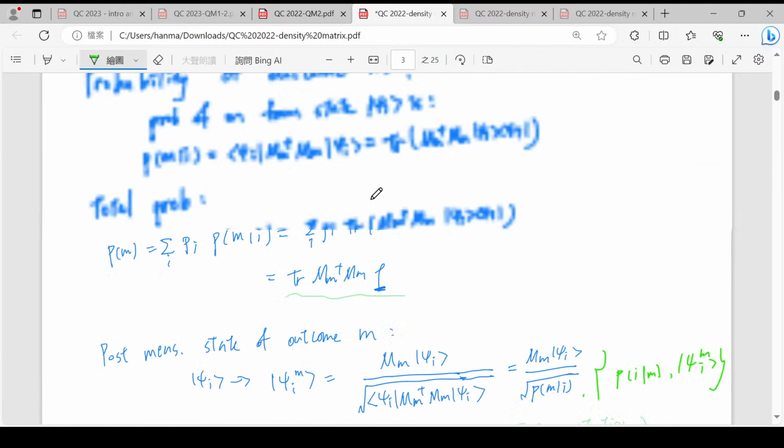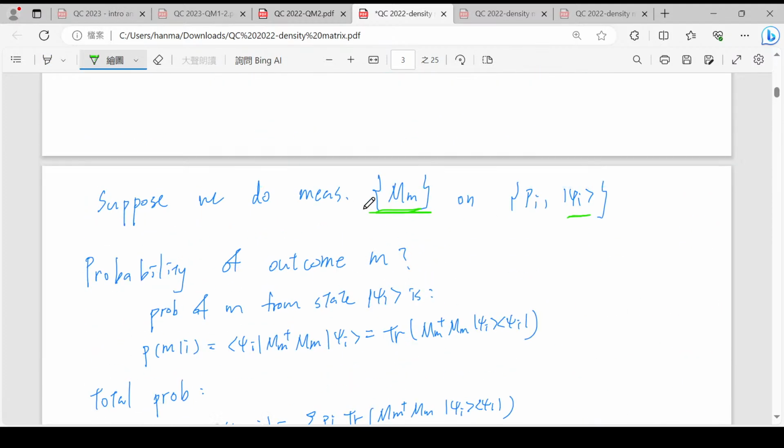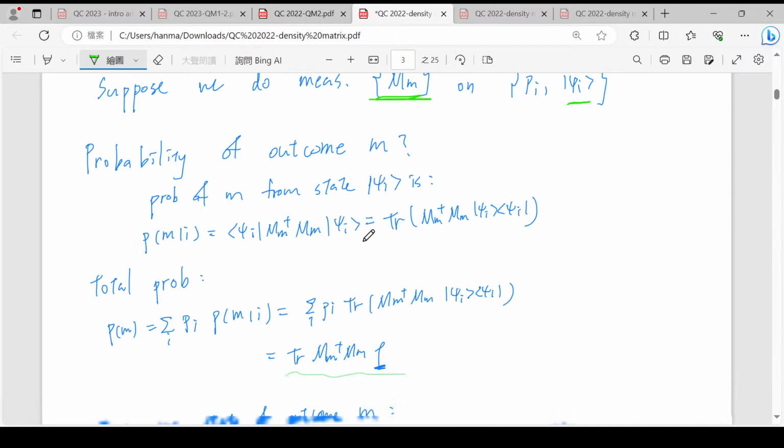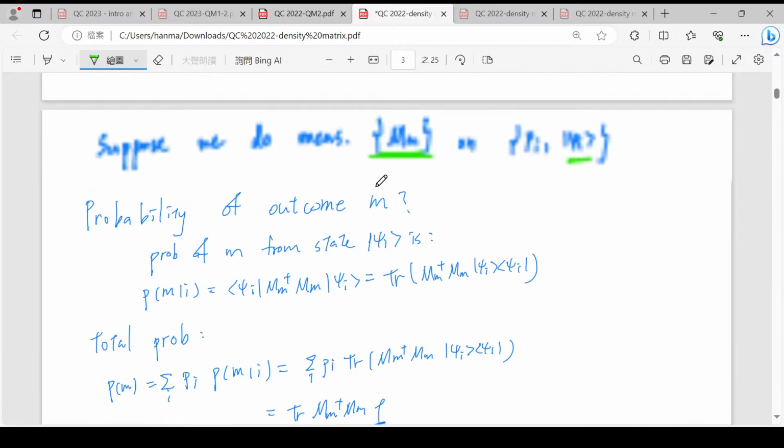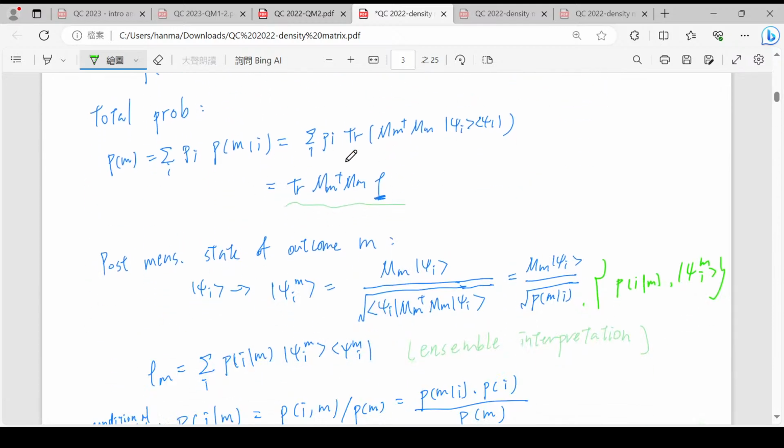Okay, there's quite a bit of calculation, but you can check that when you do a set of generalized measurements M on your ensemble, you can calculate the probability of getting measurement outcome m, which is this thing.